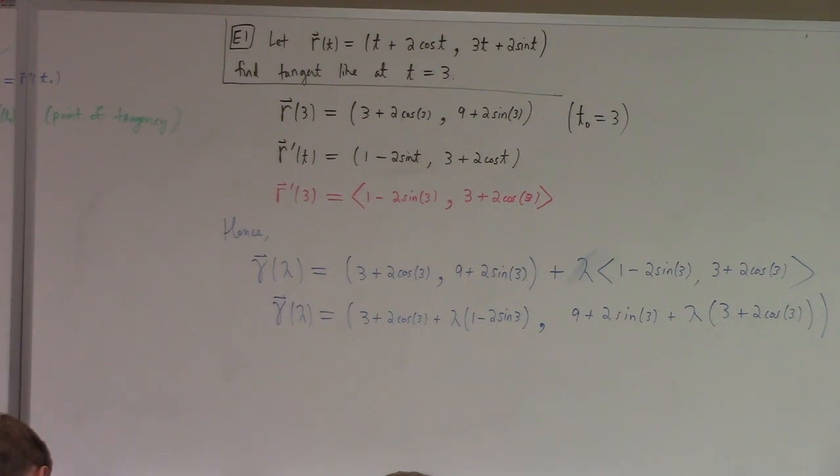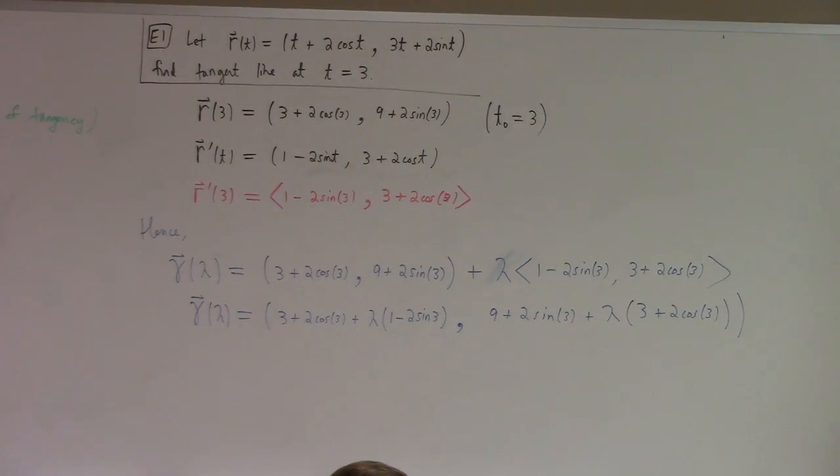And there you go. That is a parameterization of the tangent line to this curve at that point. That's all you have to do. Find the point you're interested in, calculate the velocity at said point, put it together.